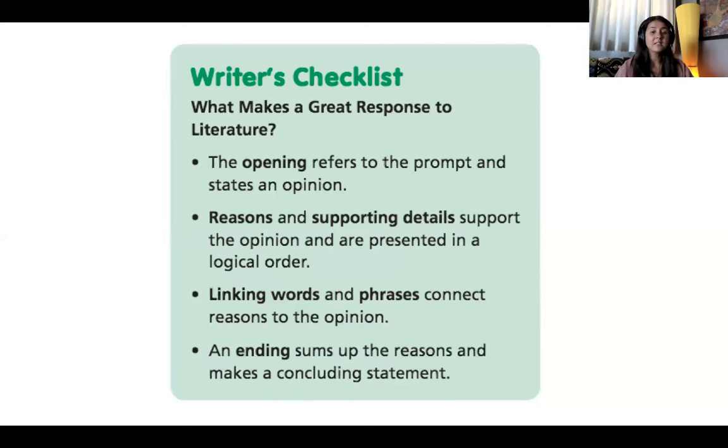There is a reason that supports my opinion. I now have to give an example that supports the reason. So you could say, an example of this is on a hot summer's day, there's no better feeling than buying an ice cream and having the cream melt in your mouth. Okay, so it's really important that when you give your opinion, you have reasons to support your opinion and then examples that support your reason.